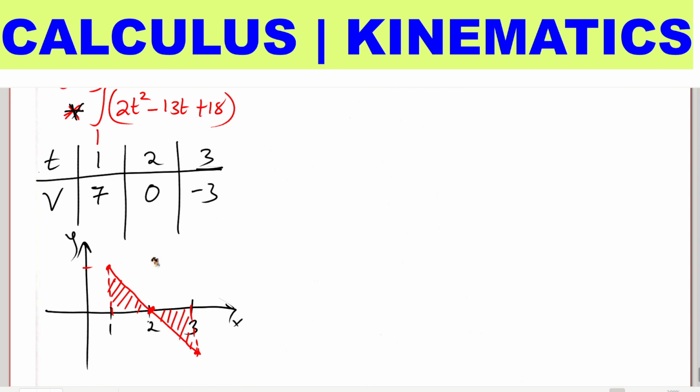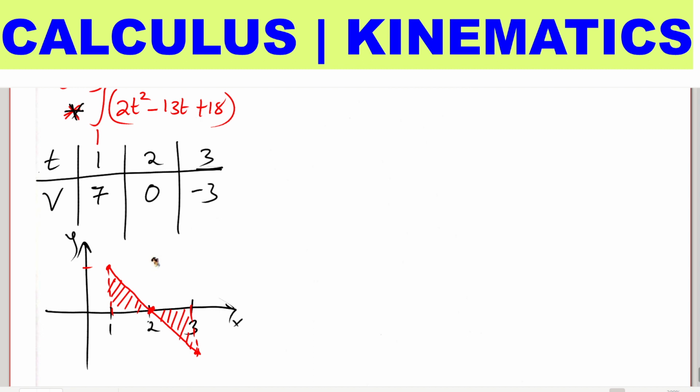So that tells you that when you're integrating, you need to integrate in parts. You integrate from 1 to 2, that will give you the area above the x-axis. And then separately you add the area between 2 and 3, that is below the x-axis. When you separate them like that, you are going to get an accurate answer.